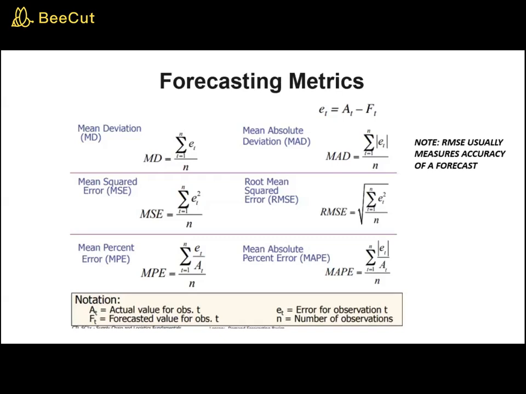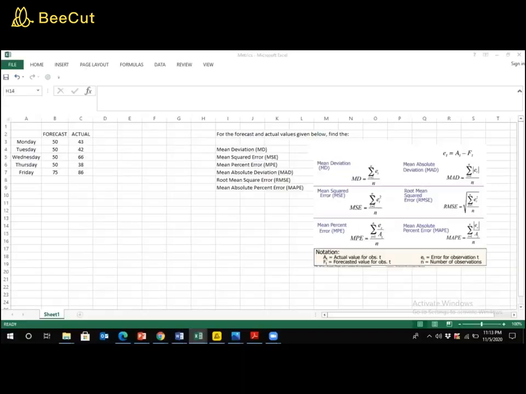Okay, so I'm going to go through an example, and that should really help clarify the concepts. Here on this spreadsheet, I have cut and pasted the formulas, and I will be calculating the error using all 6 methods.